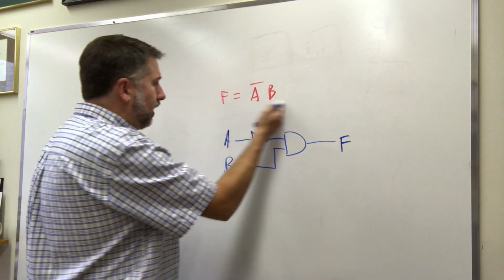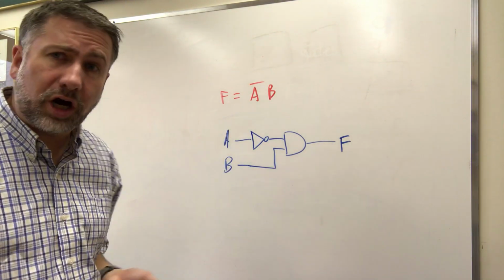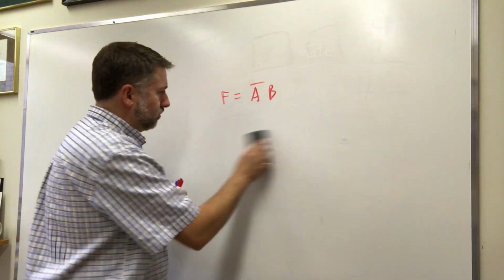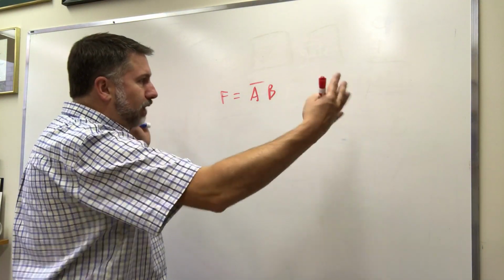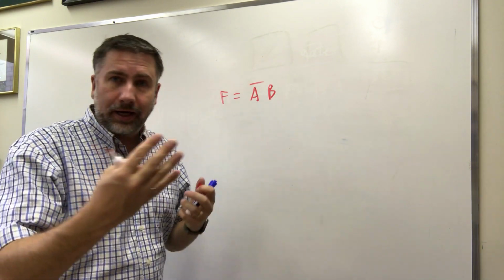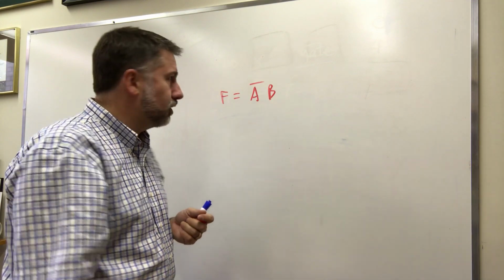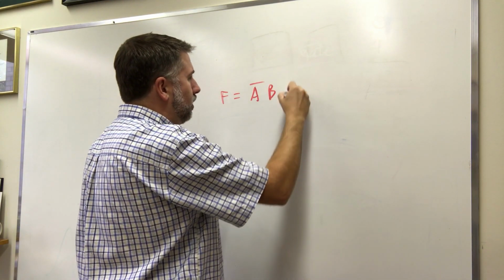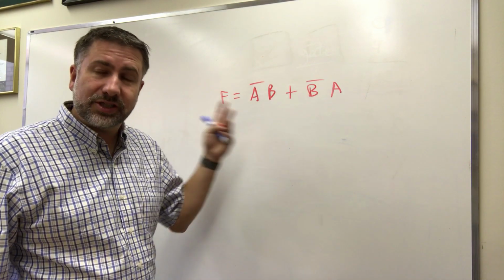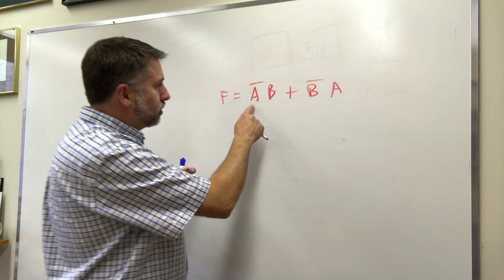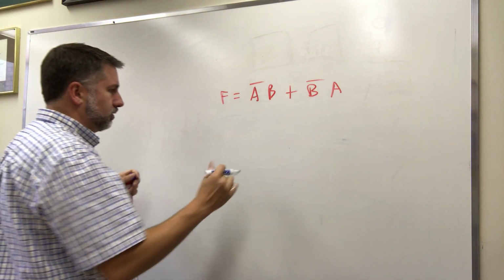Now this is fine, and this works okay. But we could find more complicated functions, right? Just like in regular algebra, we can combine functions together. We can add operations over operations. We could say A prime B or B prime A, for example. So this is another function, and again, we can draw the circuit that it corresponds to.